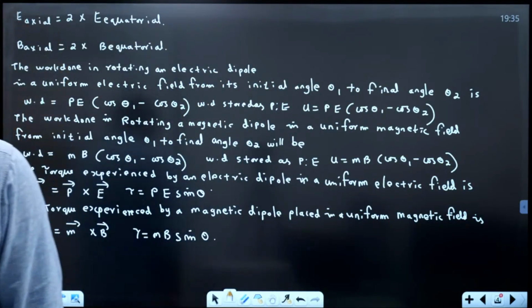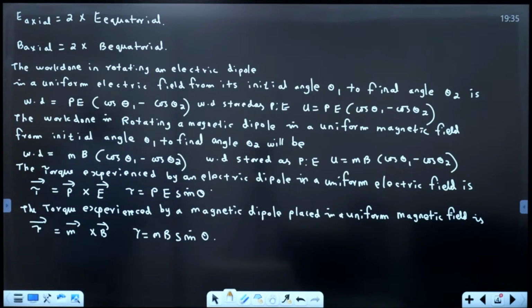Any doubt here? Work done is stored as potential energy. I substituted it for torque, which was wrong. Work done is stored as potential energy. I hope it is clear.